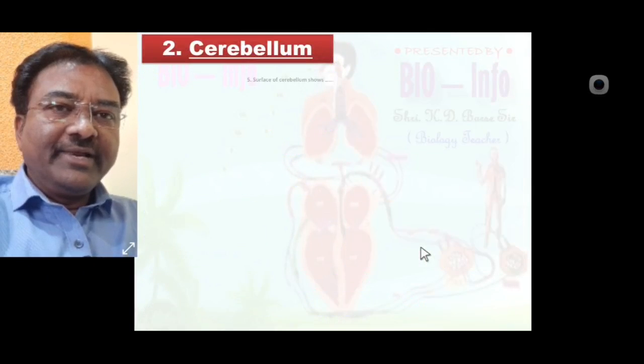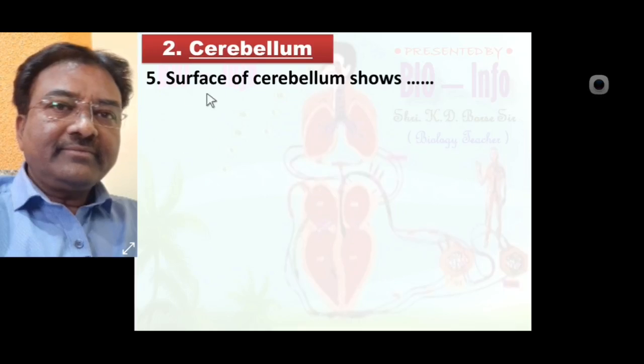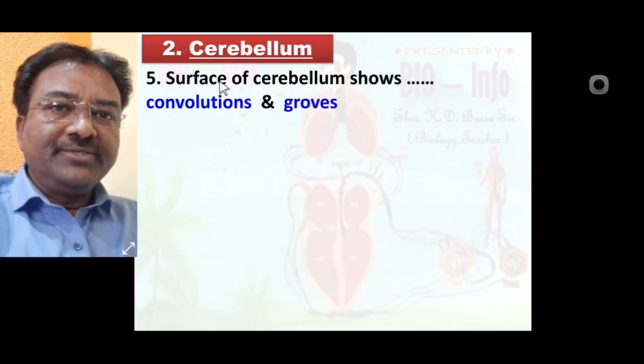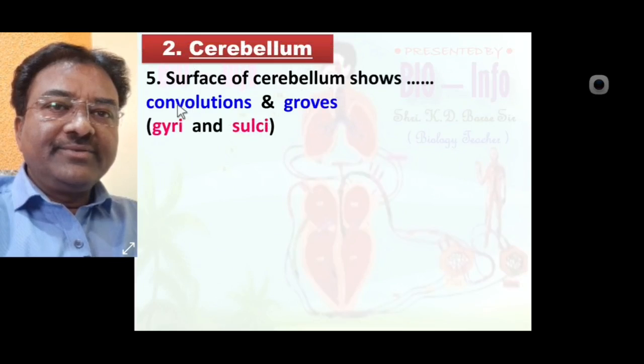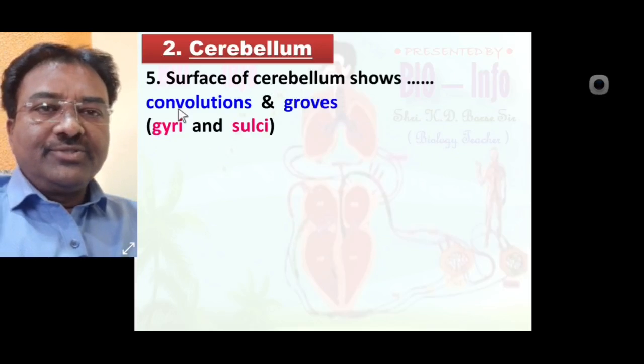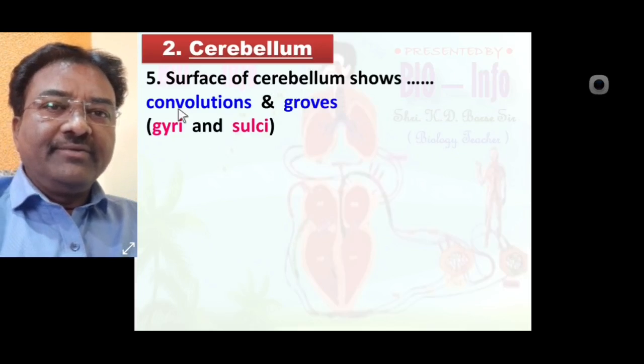Now point number 5. Surface of cerebellum shows convolutions and grooves called gyri and sulci. Like cerebrum, it also shows a number of convolutions and grooves called gyri and sulci.